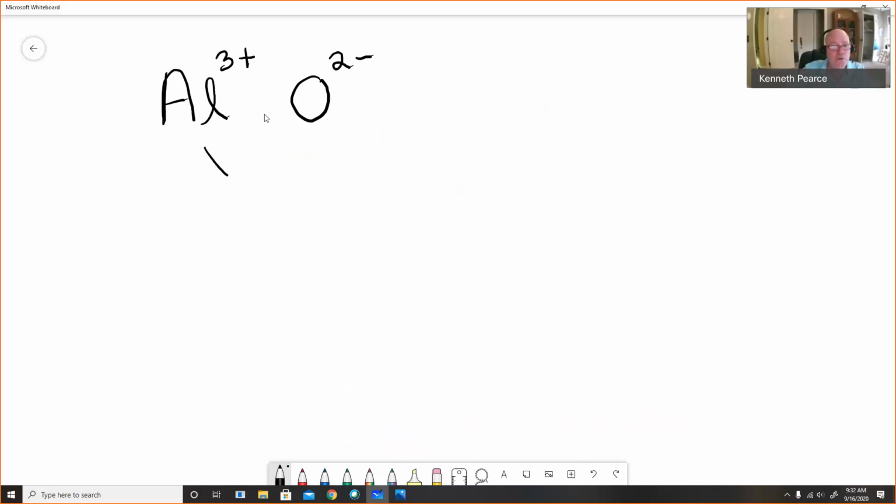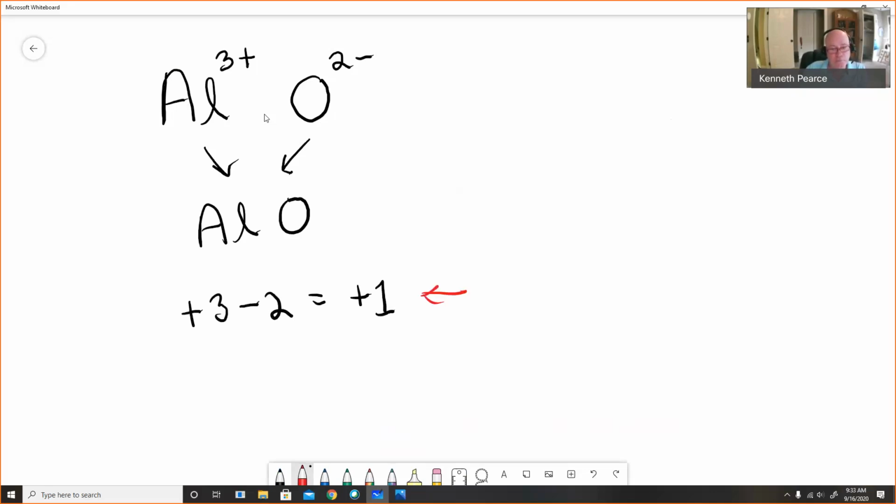Now, if we go ahead and push these together, we would have the aluminum bonded to the oxygen, okay? But there's a problem here, because aluminum is 3 plus, and oxygen is -2, we get +1. This is bad. Okay, it's bad because ionic compounds must have a net charge of 0.